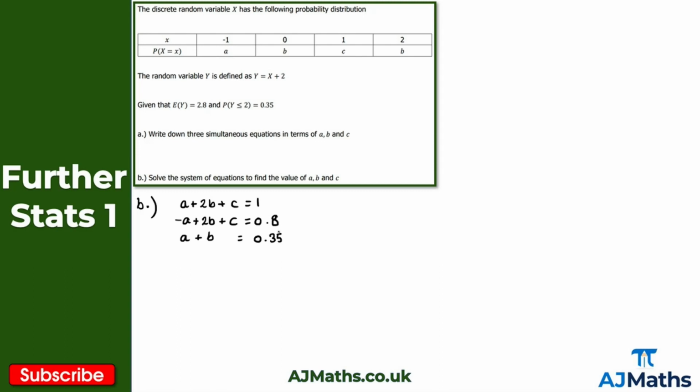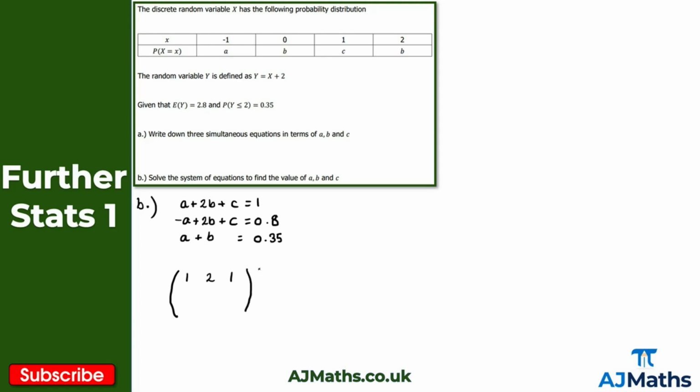Okay. So from here, what I'm going to do is use this system of equations and solve for a, b, and c. And the way that I can do that is by using a matrix equation. So using matrices, I'm going to write this now as follows. I've got 1, 2, 1. That's my first row in my 3 by 3 matrix.